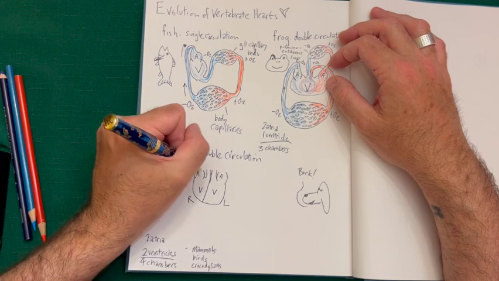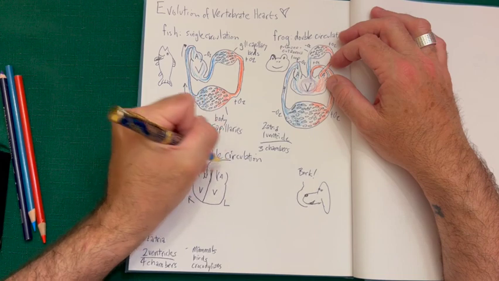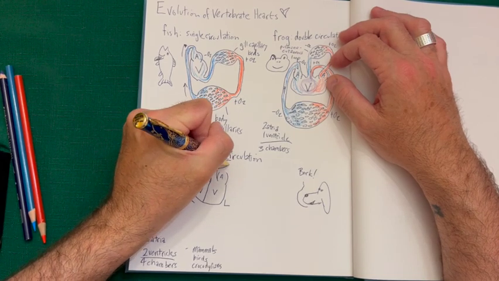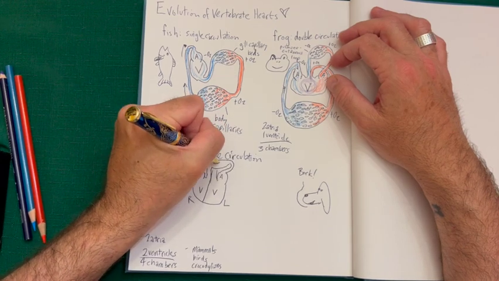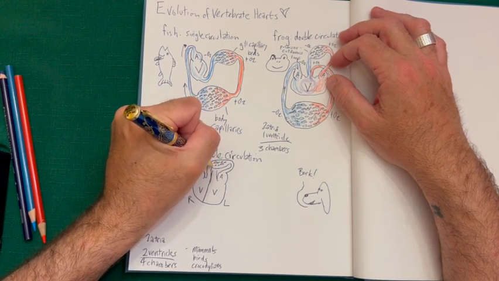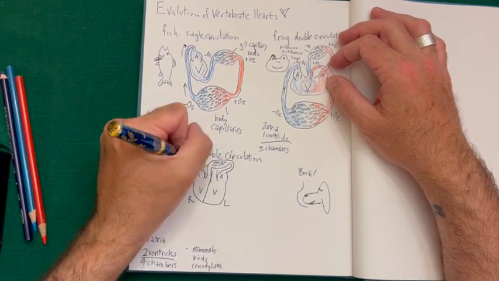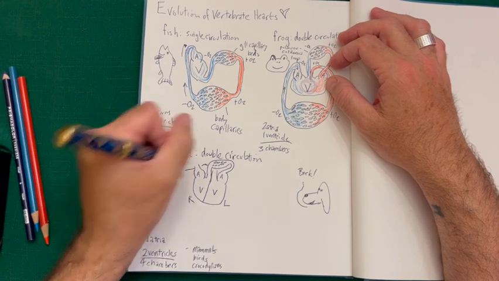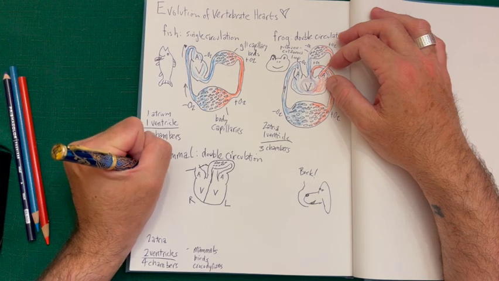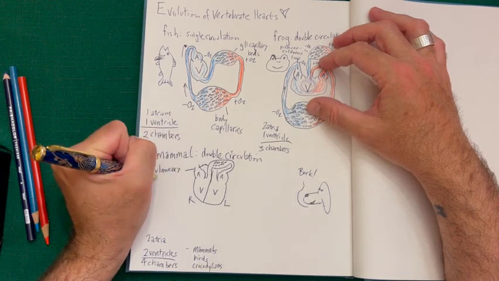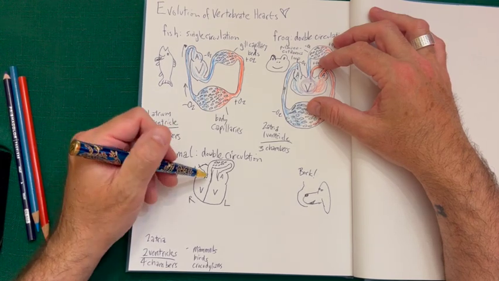Okay, so I'm just going to start connecting up the plumbing here. I'm going to make this extend out, and it's going to come back here and put a capillary bed here. All right, so this here is the pulmonary artery leading out of the right ventricle.